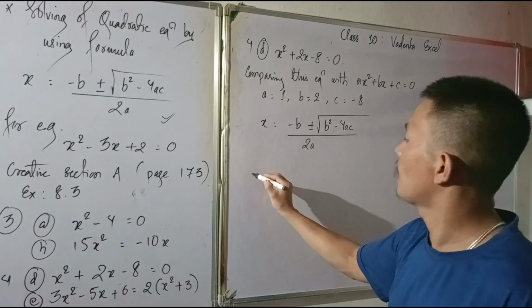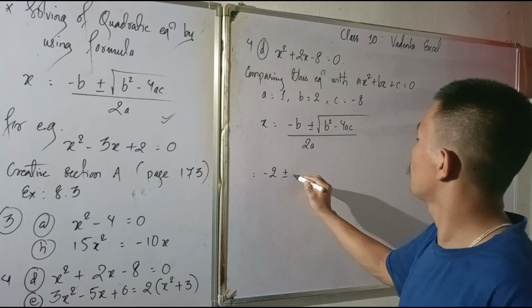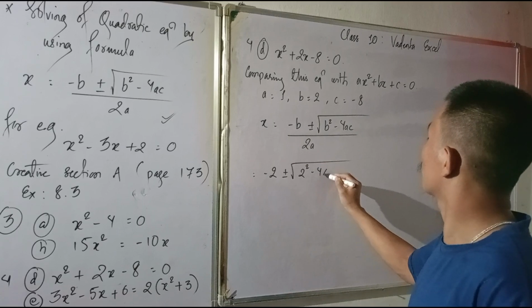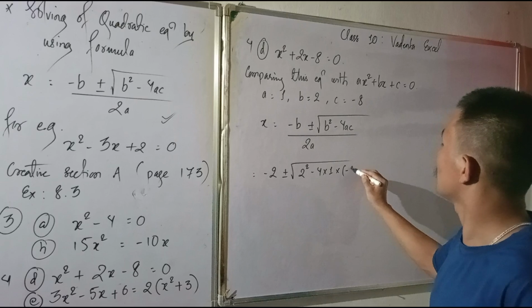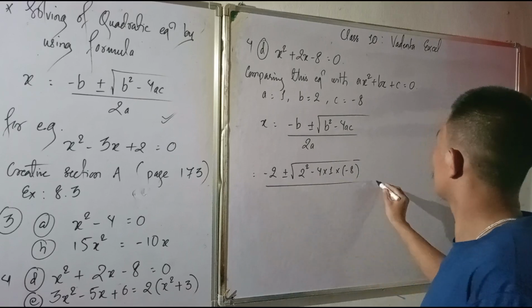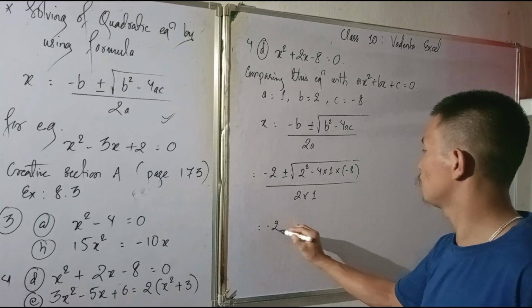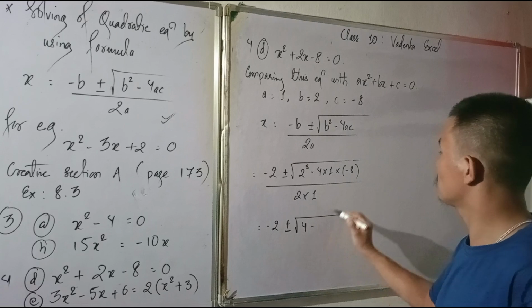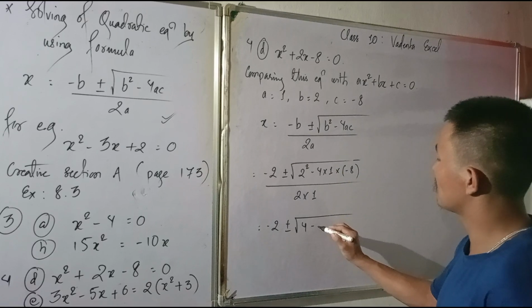We know x equals minus b plus minus under root b squared minus 4ac divided by 2 times a. Now just substitute the values. B we have 2, plus minus b squared we have 2 squared, minus 4 times a we have 1, c we have minus 8, divided by 2 times a.